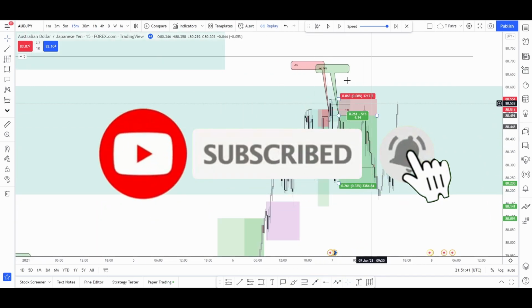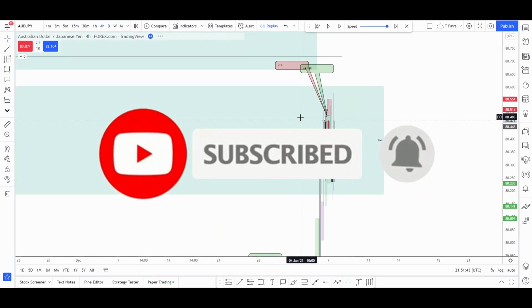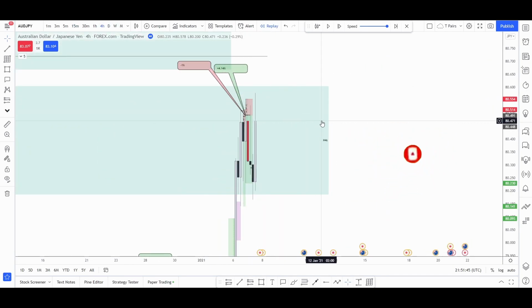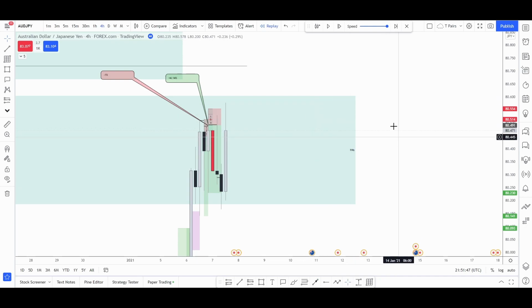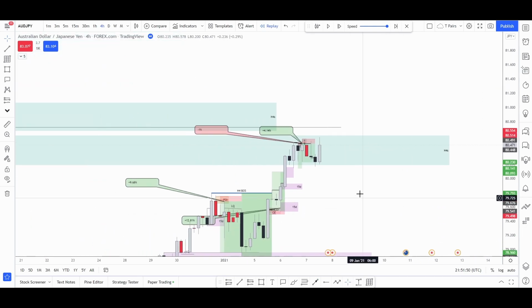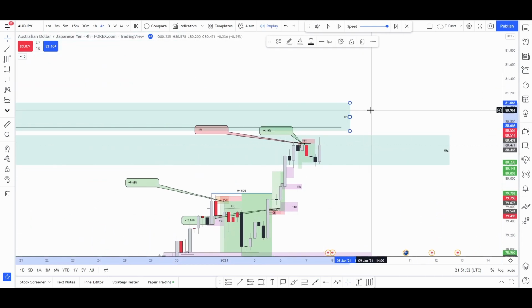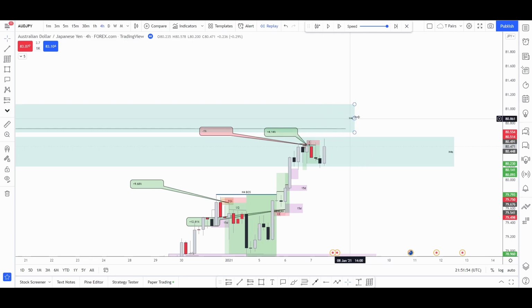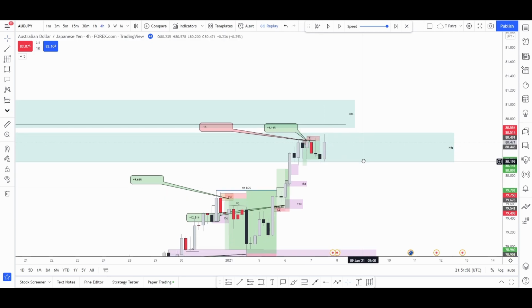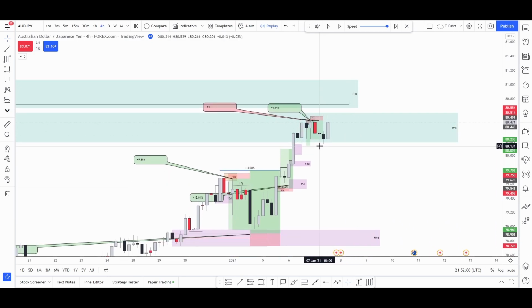Now, let's just try and have a quick look again at the 4 hour. Hopefully it doesn't reveal too much. Okay, it does go up. But yeah, we're still in this 4 hour supply zone. And our next one is just over here, which we should be well aware of. We've also got the highs over there. We're creating new highs in our little mini structure. Where's the nearest sort of low to be aware of? It's this one.